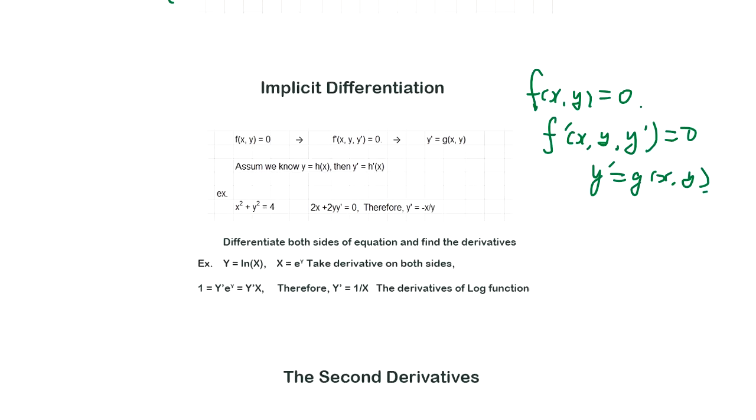Okay, here's example. Here you go, conic function. It's circle. You take derivatives. Okay, that needs some practice. Okay, that's called the implicit differentiation.